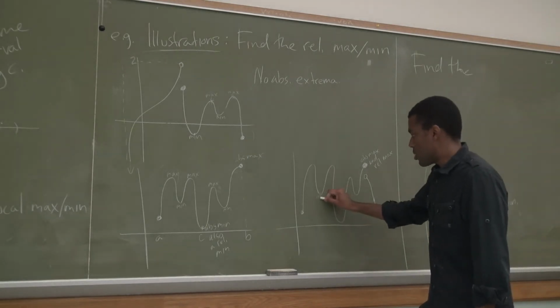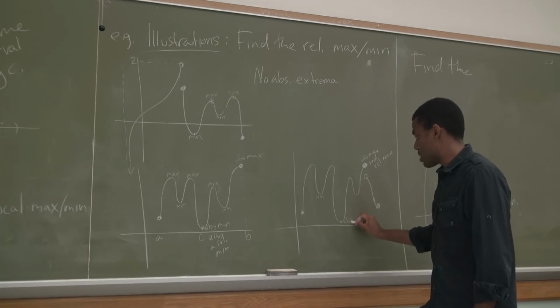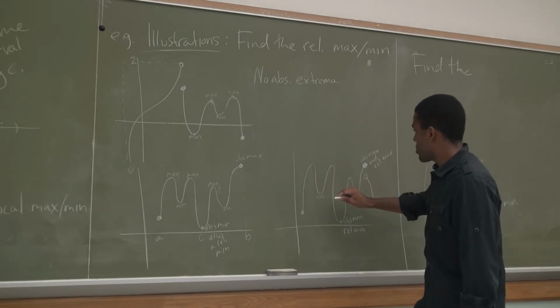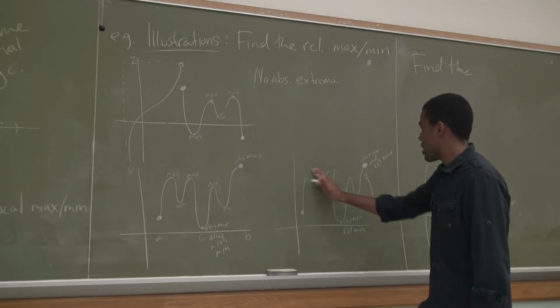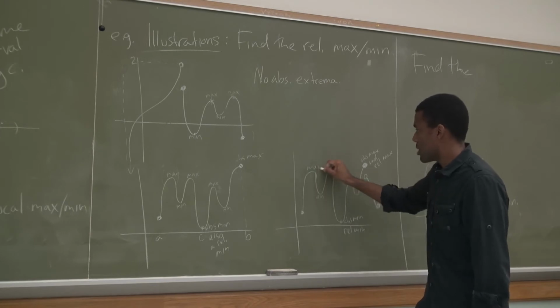And as before, these all stay the same. This here is the absolute min and relative min. These are supposed to be lower than that. These are just relative maxes.